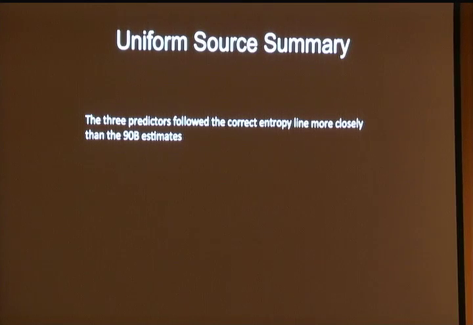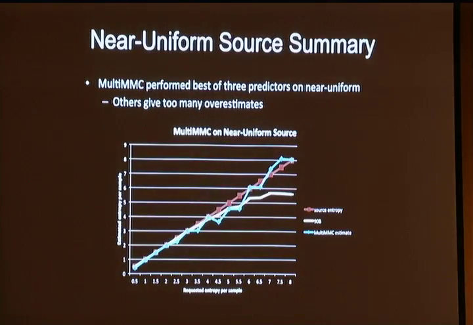90B estimates were lower, they are more conservative, but there are some performance penalty issues involved with that too. So we want to estimate entropy as accurately as possible. Okay, so I'm going to show you a couple more graphs.